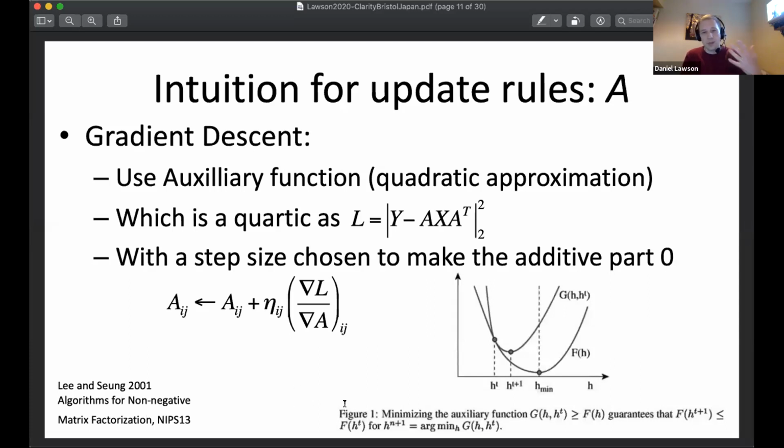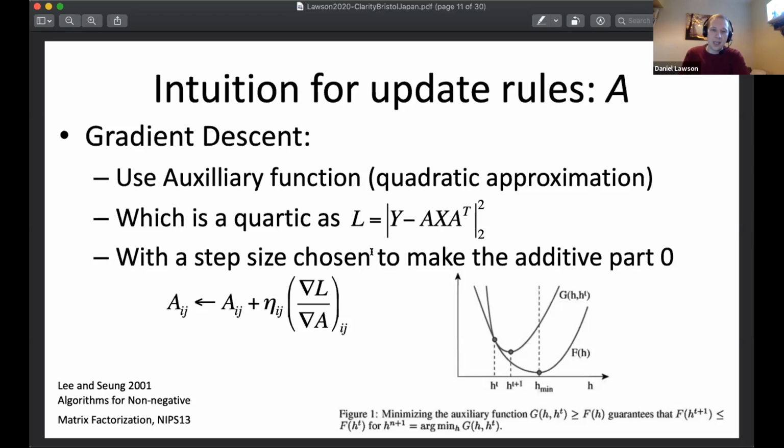So you write down some function that's not your loss function that you care about, but that you can guarantee that if you minimize it, you move towards the optima of your actual loss function. So in their case, this was a quadratic because they had Y minus AX as the loss. Here we've got Y minus A X A transpose. So we've got a quartic in A. That makes the calculations harder, but actually their procedure just works.